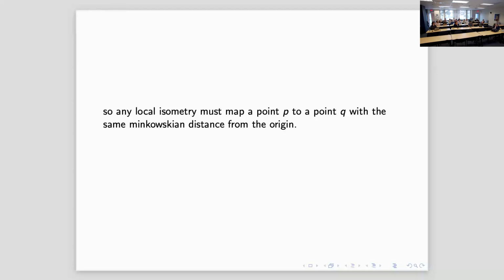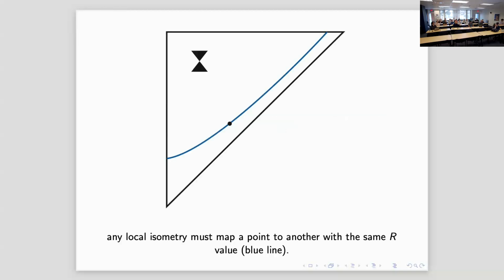And so, of course, we know that if we were to map any point into any other point, we're going to have to preserve the value of the Ricci scalar. So what this means is that any local isometry is going to have to map a given point into another point with the same R value, which is this constant distance from the origin down here. So we've got to map this point somewhere along the blue line. We have a constraint.